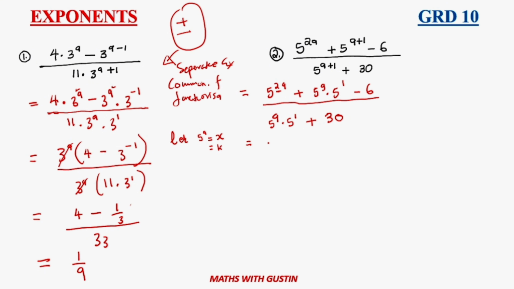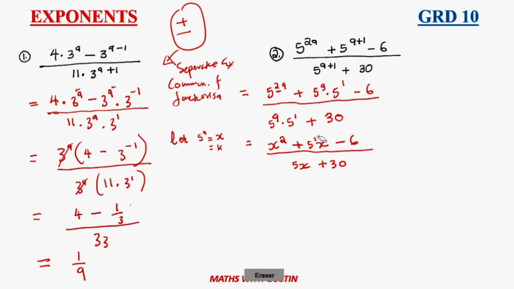So here we go. We're going to say x to the power of what? But here there's a 2 now. It's going to be x to the power of 2 plus, we're substituting here, there's 5 to the power of 1 here, then there's x minus 6 all over 5x here plus 30.